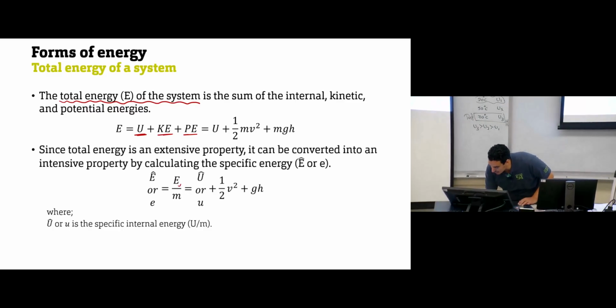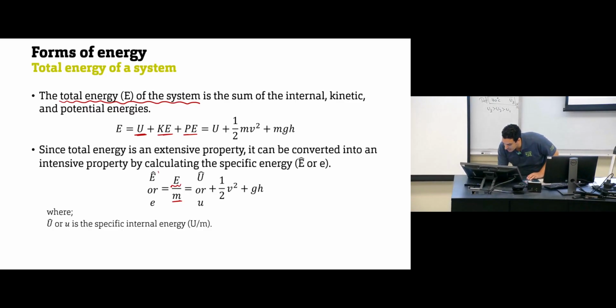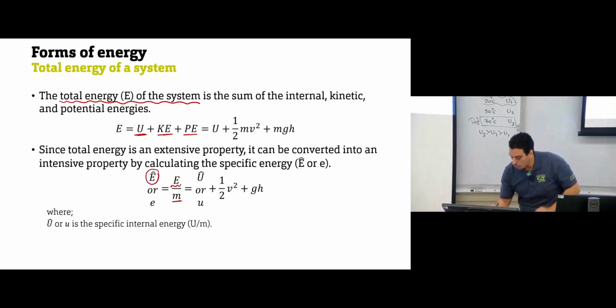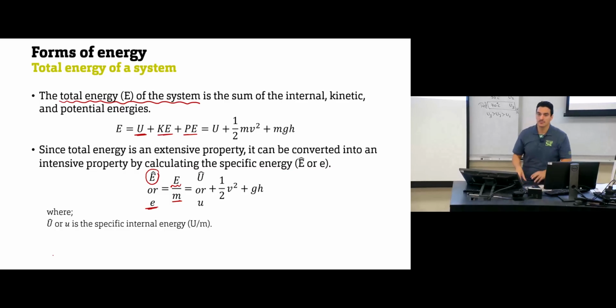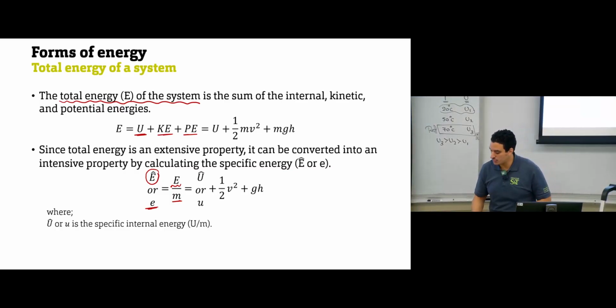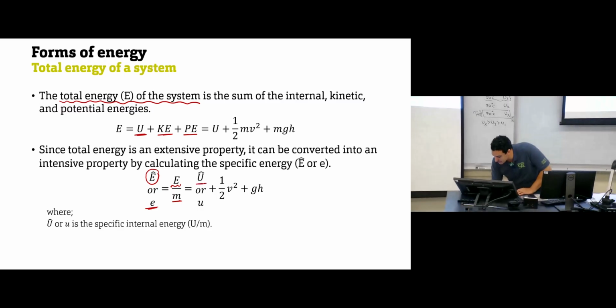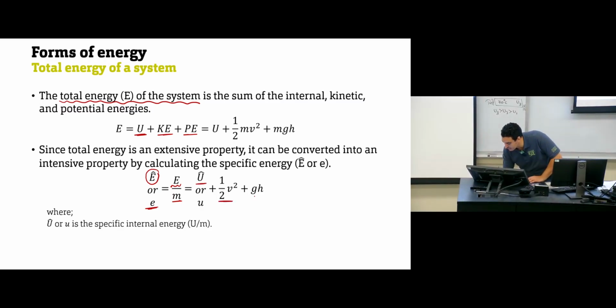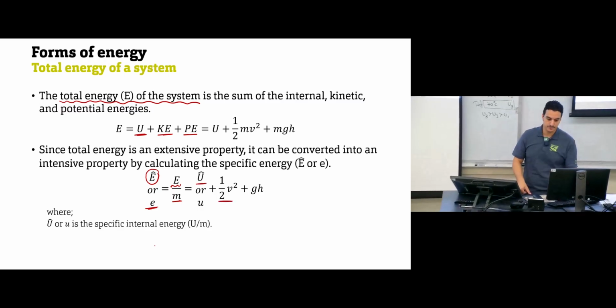If we divide the total energy by mass, then we have the specific total energy. It is expressed as E hat, or also as E small, since different textbooks use these two conventions. So this will be the specific internal energy plus half V squared plus gh.